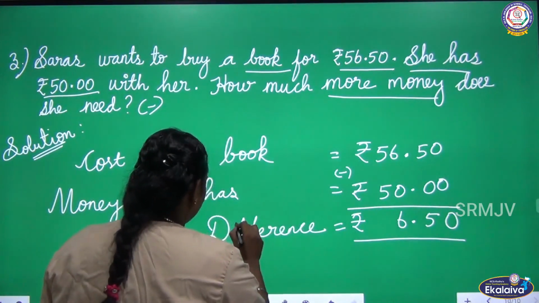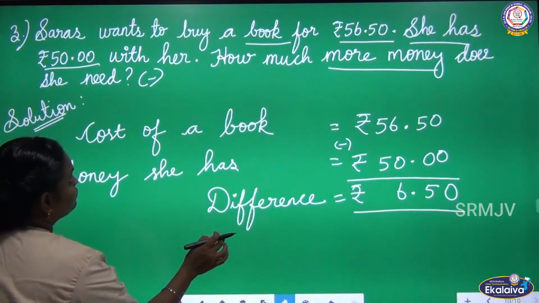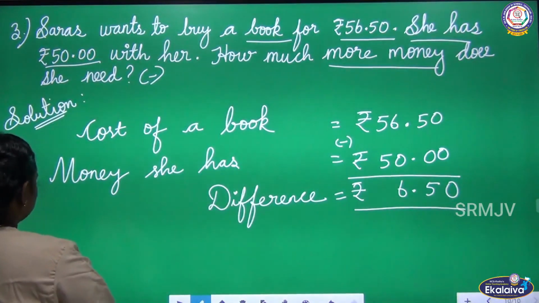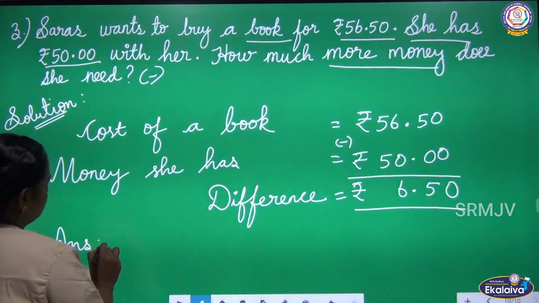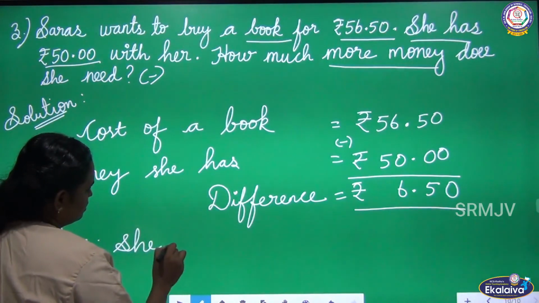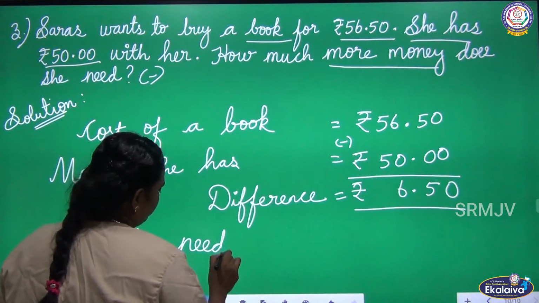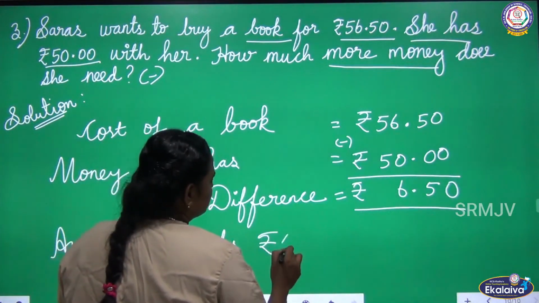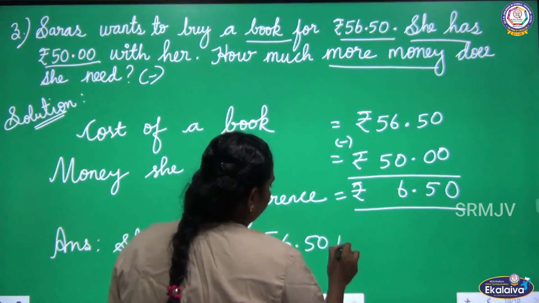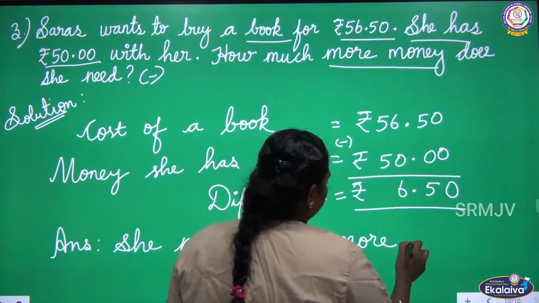So here you can write difference. So you write answer, she needs 6 rupees 50 paise more money.